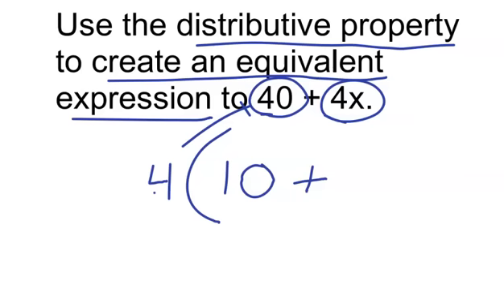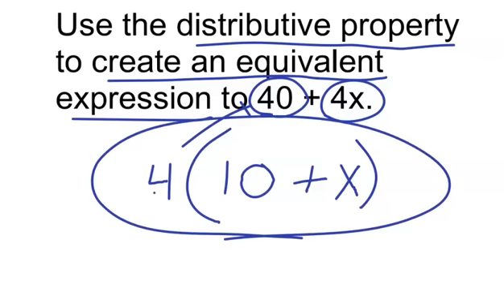Well, that would be 1 time, and we don't have to put a 1 in front of the x. We just put x, right? I guess I could put a 1 in front of it; it wouldn't change anything. So here we go. We have 4 on the outside of the parentheses, and then 10 plus x. So 4 times (10 plus x) would give us the whole thing.